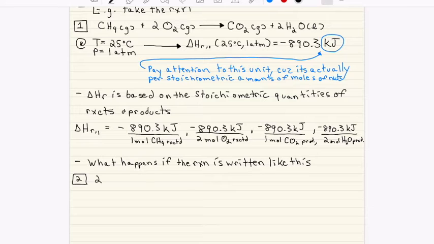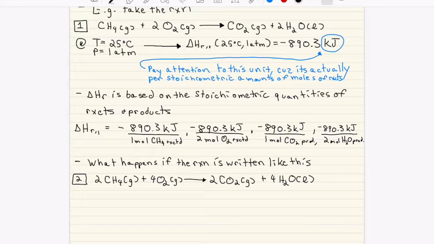In this reaction, we have 2 moles of methane gas reacting with 4 moles of oxygen gas, and this yields 2 moles of carbon dioxide gas and also 4 moles of liquid water.